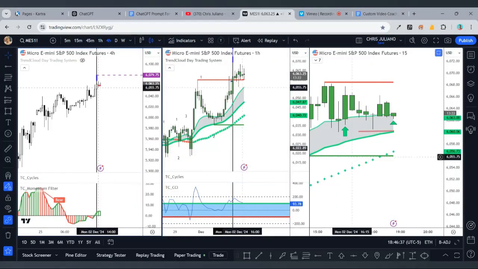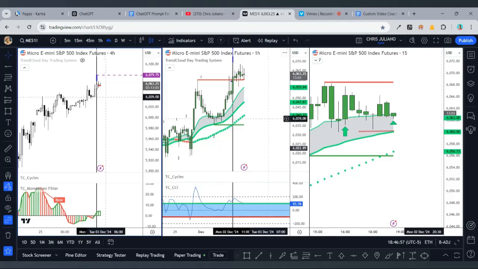We don't know what's going to happen, but TrendCloud is letting us know every step of the way what price action is doing. This is a very powerful price action mapping system, and you must master it if you want to be consistently profitable. Okay? Now, this is what I used in the trading competition, and it worked flawlessly.